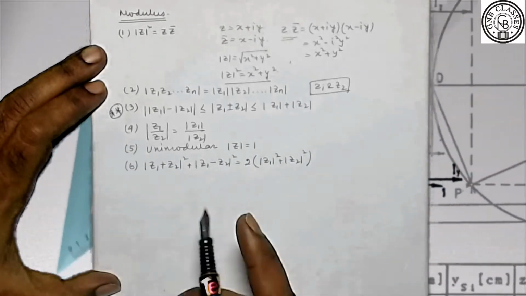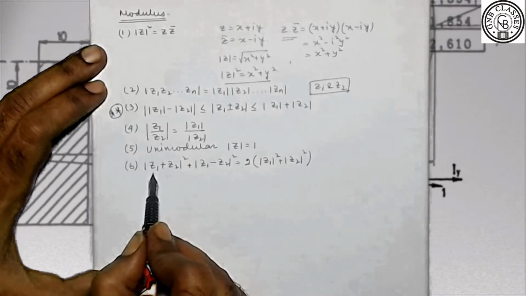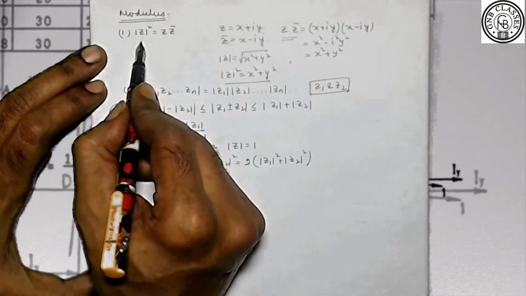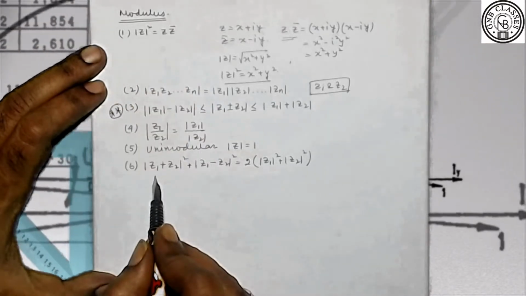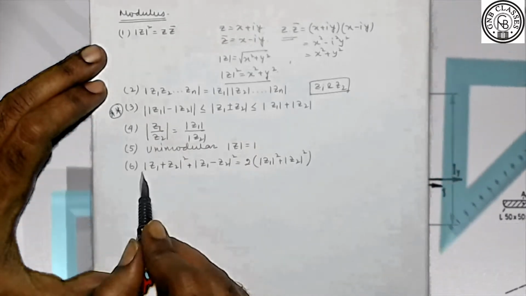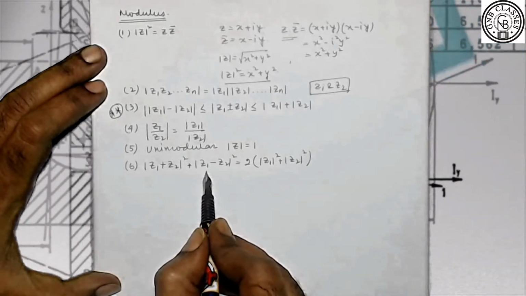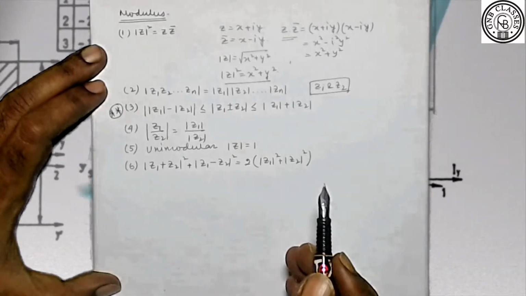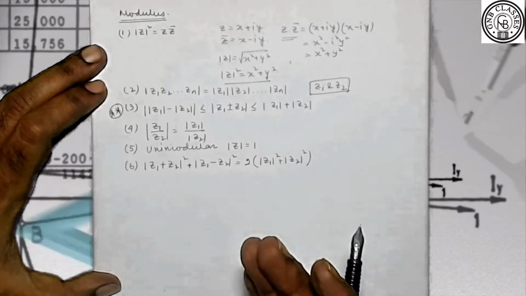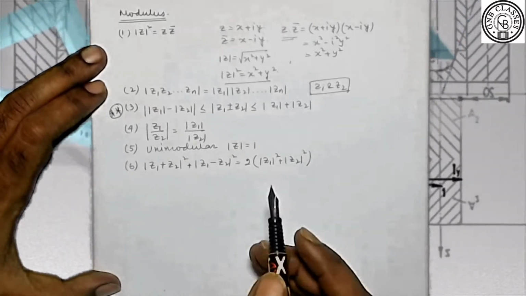These are pretty simple, I'm telling you, because mod of z1 plus z2 square, as I told you, mod of z square is always z into z bar. So mod of z1 plus z2 square can be written as z1 plus z2 into z1 plus z2 bar. Multiply. Same thing here, and you will see the like terms will cancel, and we will be left with 2 times mod of z1 square plus mod of z2 square.